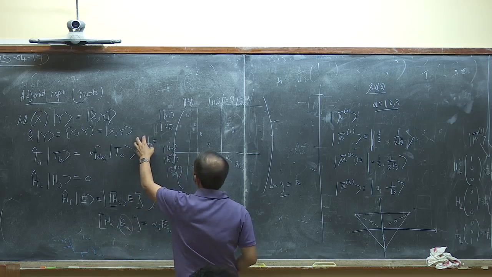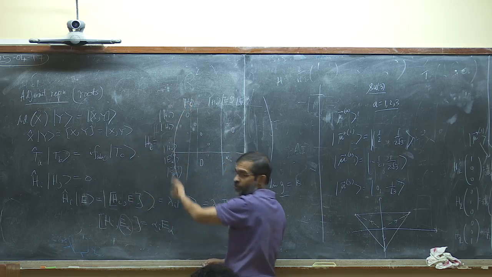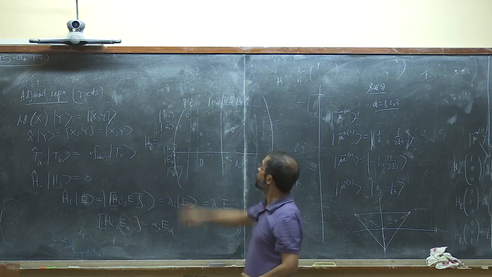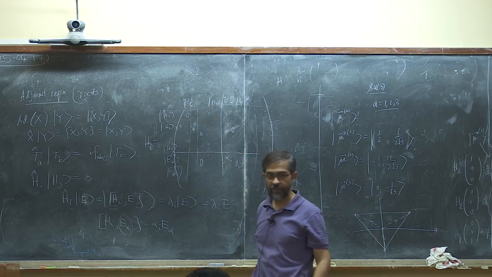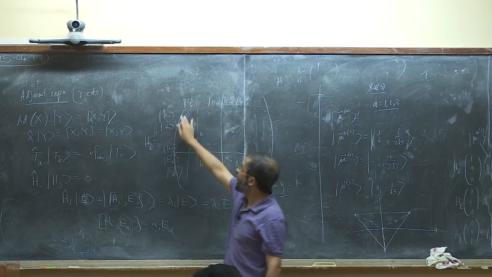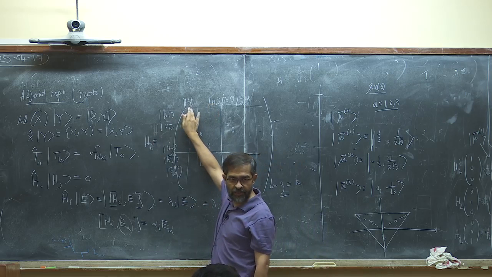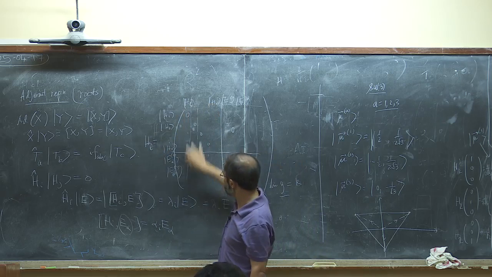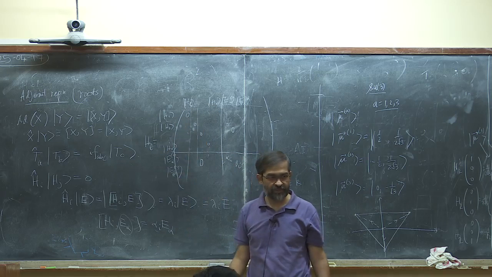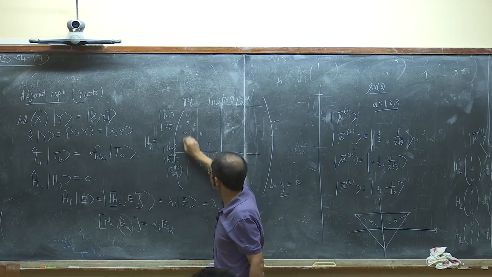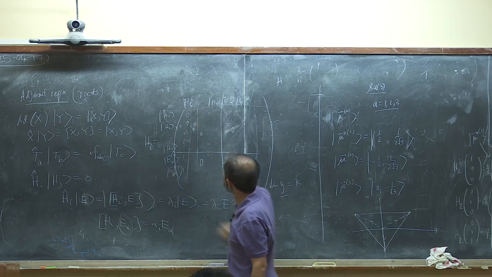You take an operator, act on this and see what linear combination it generates. You take another one, and so on. Now what is this action of an operator? That's commutation. So you take each one, you commute and you get 0. Clearly it has to be 0. So it's 0 everywhere.